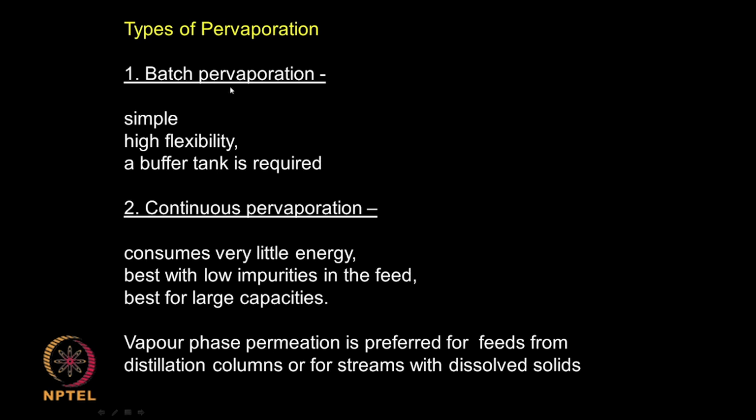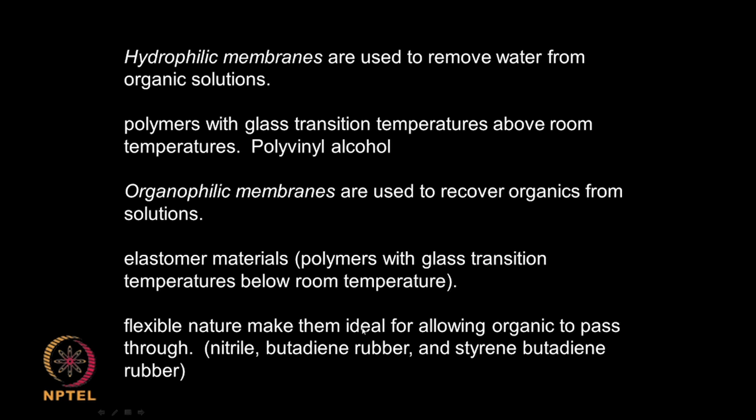So, there are two types of pervaporation, we can have batch, we can have continuous. Batch is simple, highly flexible, it just needs a buffer tank. Continuous consumes very little energy, is very good for low impurities and large capacities. Vapor phase permeation is preferred for feeds from distillation columns or feeds free from dissolved solids.